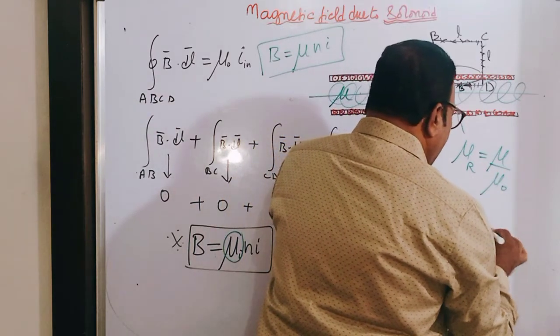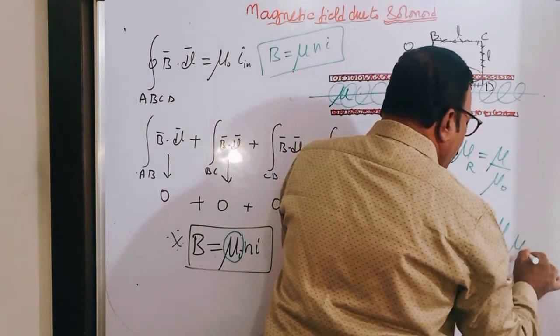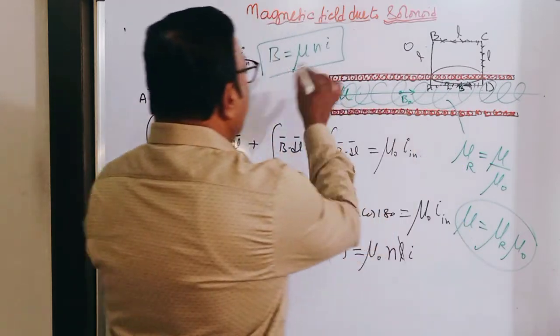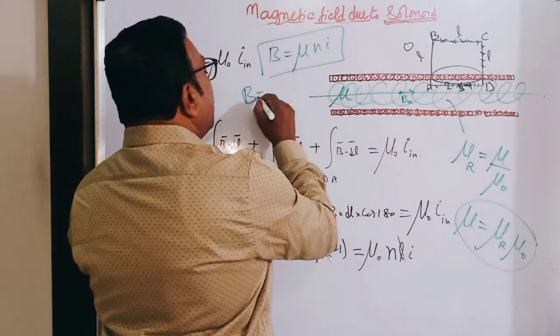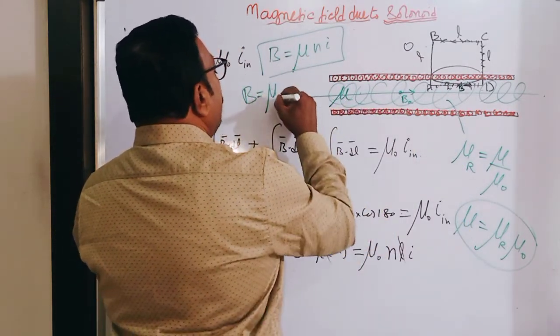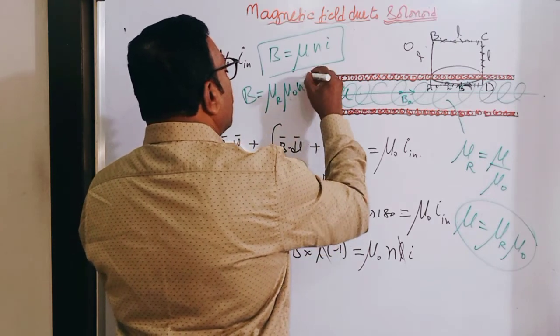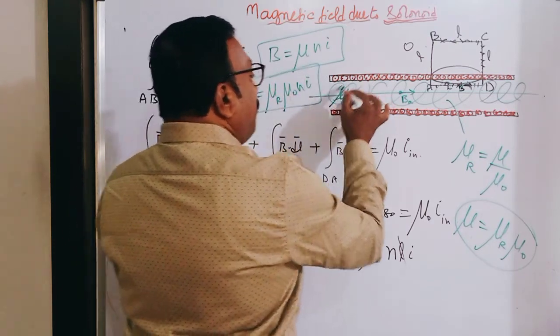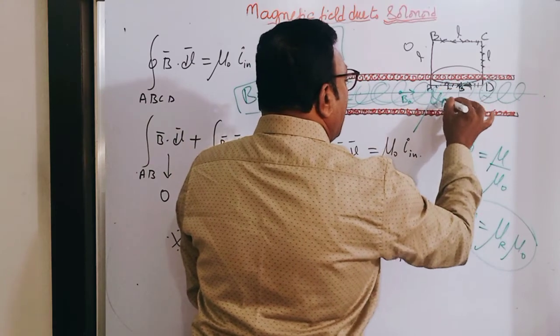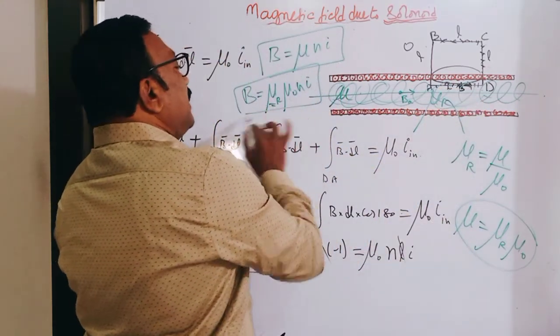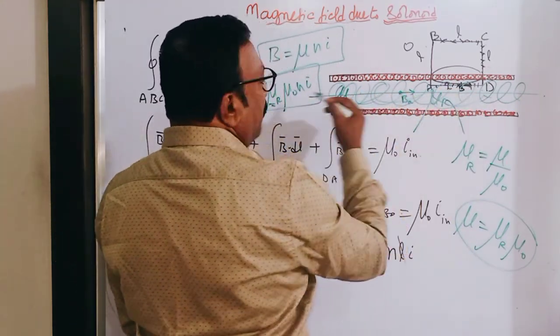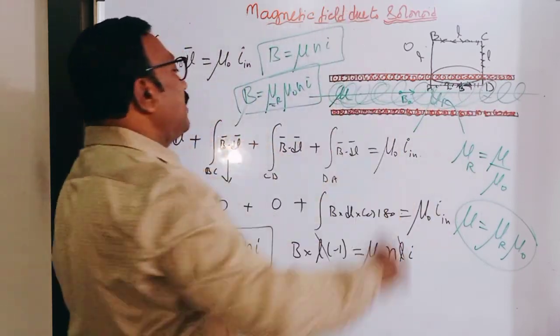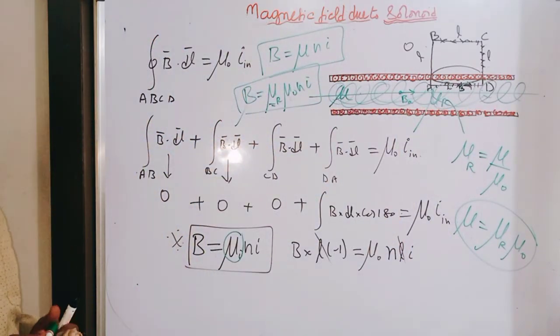Therefore this mu can be written as mu r into mu naught. So then this formula becomes B is equal to mu r mu naught N i. So if some material is given and the relative permeability of that material is given, then the magnetic field on the axis, inside the ideal solenoid, can be calculated by using this relation. I hope you followed. So this is important information for solving problems also.